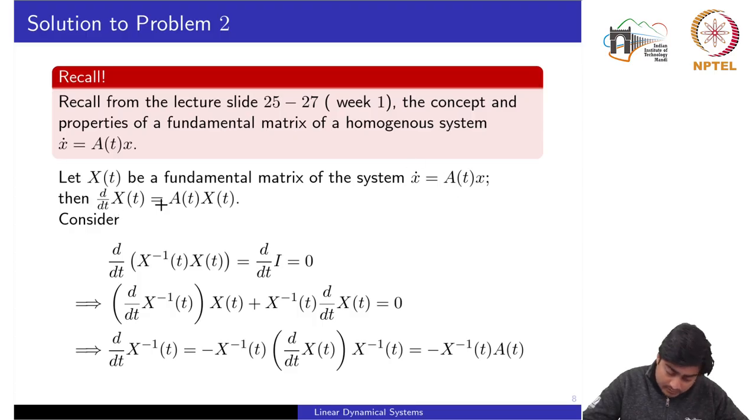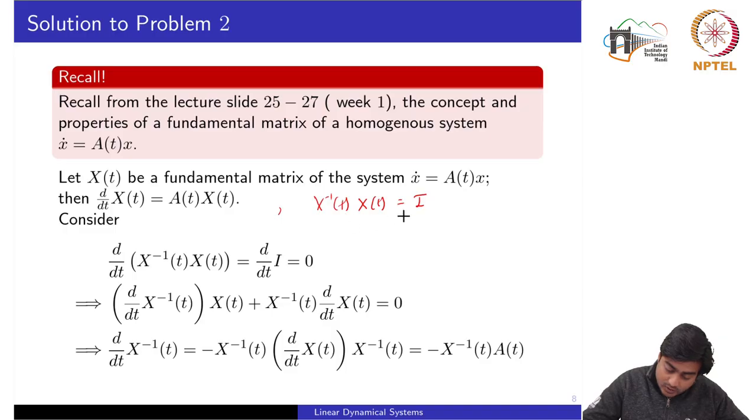Then we know that the fundamental matrix satisfies this equation. So we can write the derivative of capital X is equal to A times capital X. Another property which we had also seen during week 1 is that X inverse of t times X of t is equal to the identity, and X is a non-singular matrix.